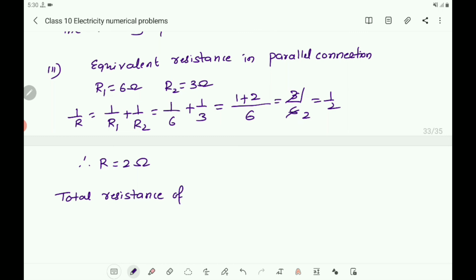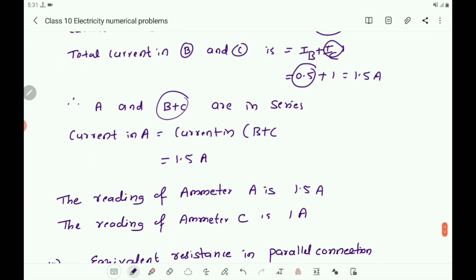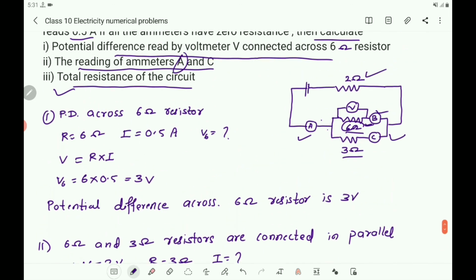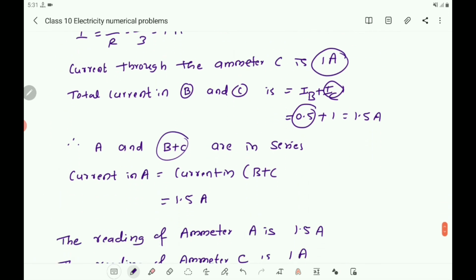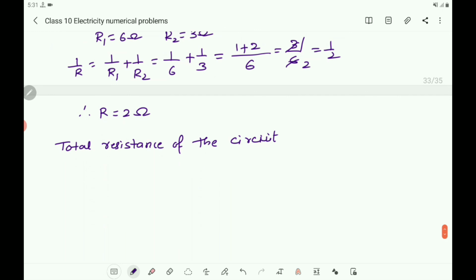Then total resistance of the circuit. So you take, this is R1 now and this is R2. So you take R1 equals 2 ohm and R2 equals how much? 2 ohm.